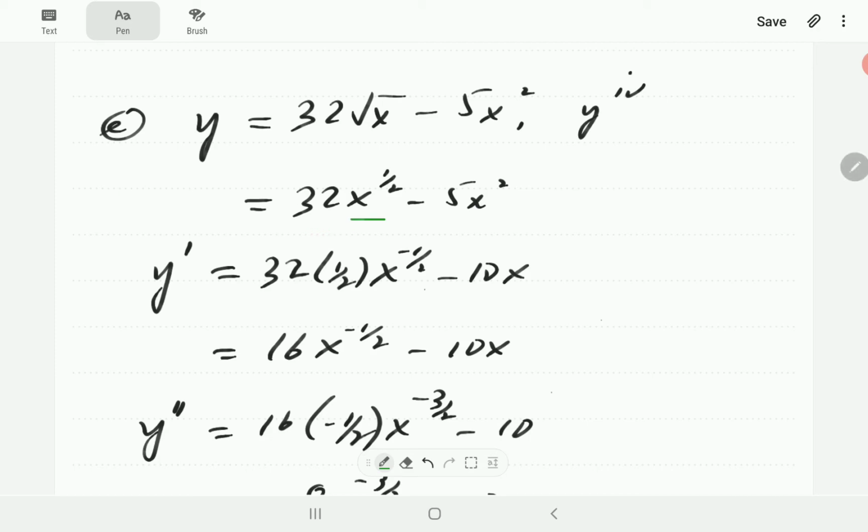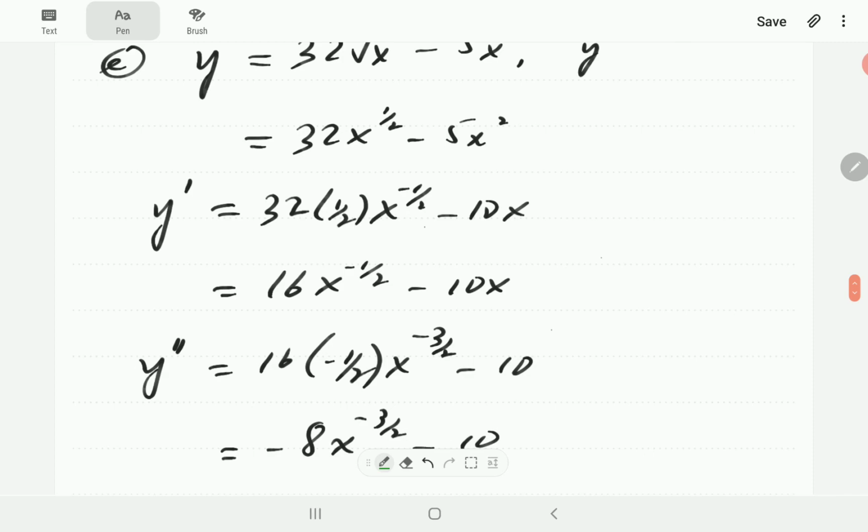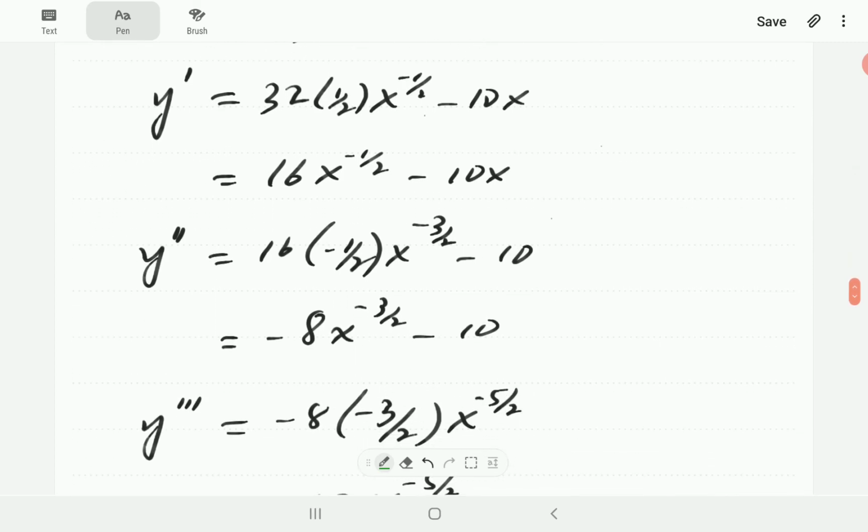So for 32x to the power half, we multiply by 1/2 and subtract 1. The new power is going to be minus half. Here 2 times 5 is going to be 10, so this simplifies to 16x to the power minus half minus 10x. Then for the second order derivative, we do the same thing, multiply by the power, subtract 1. Here we get negative 8x to the minus 3/2 minus 10.